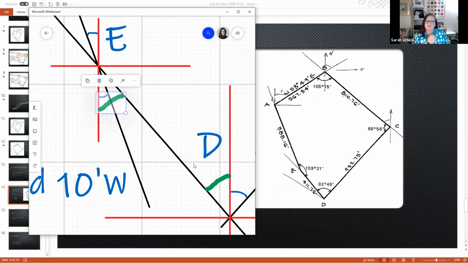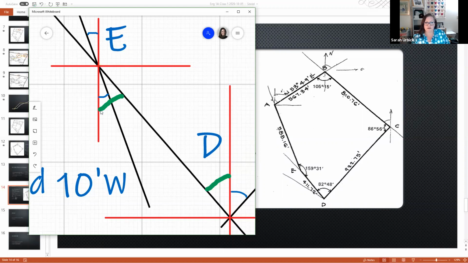That whole angle. Is that clear to everybody? So since this blue angle is the one we want, that's what we need in order to figure out that bearing for that line.